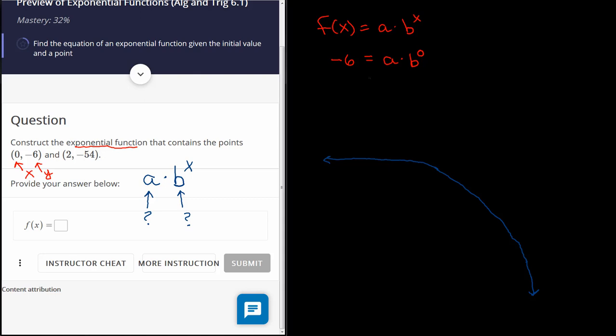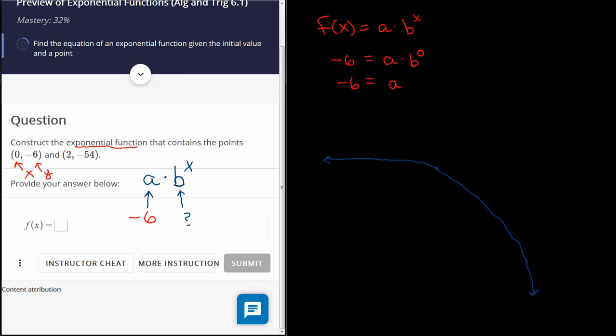And that's awesome, because b to the 0 I know is 1, so I now know I'm halfway done. We now know that a is actually -6. Just like that, we figured out that a is -6.